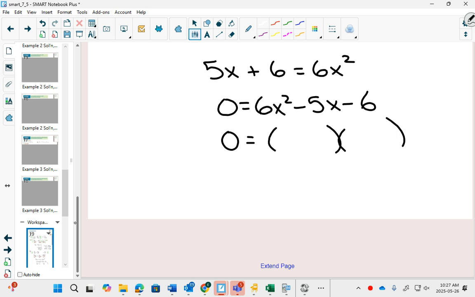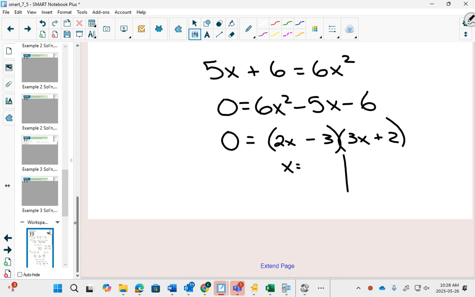Or you might just randomly check one of them and be like, if I do this, I get 9 and 4. Outside is 4, inside is 9. That makes 5. So if I want a negative 5, my 9 will have to be negative, 2 would have to be positive. But it's not bad if you want to use the quadratic formula for this.